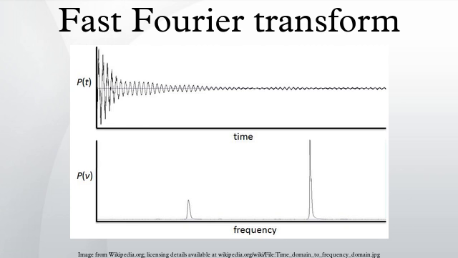D. Potts, G. Steidl, and M. Tasche, 2001. Fast Fourier Transforms for Nonequispaced Data: A tutorial, in J. J. Benedetto and P. Ferreira, Modern Sampling Theory: Mathematics and Applications. Press, W. H., Teukolsky, S. A., Vetterling, W. T., Flannery, B. P., Chapter 12.